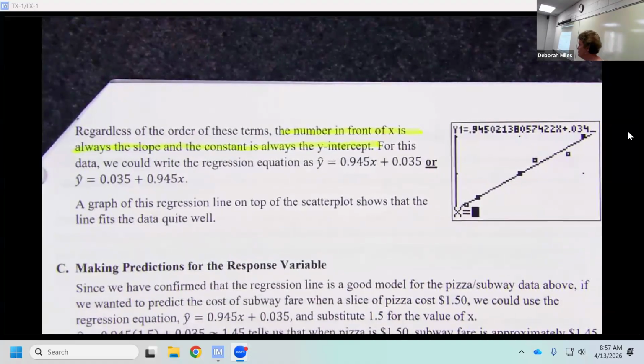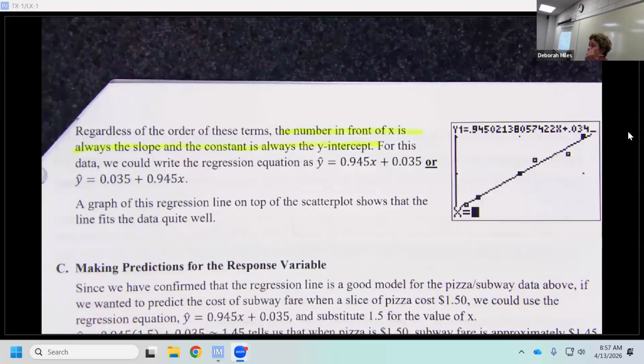The calculator will always give me that A and B. If I enter some data in list 1 and list 2 and run linear regression t-test, the calculator will always give me an A and a B. I can always write a regression equation. But just because I can write one, does that mean I should use it to make predictions? Well, not if there's not a linear correlation.